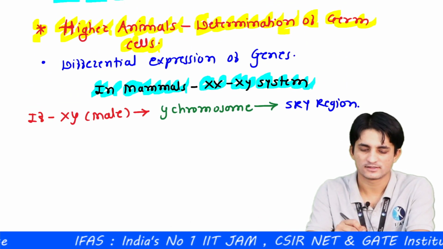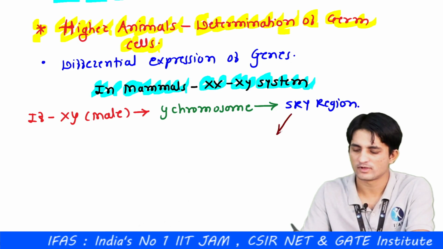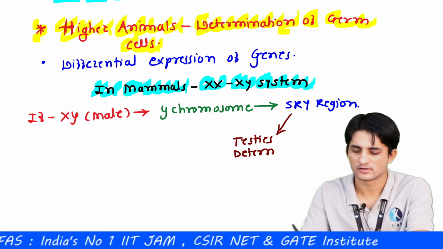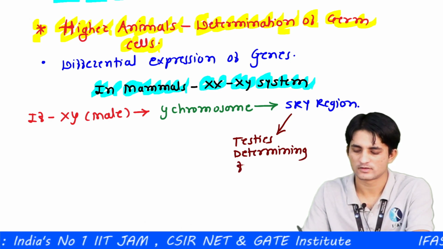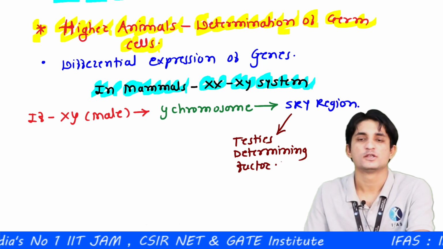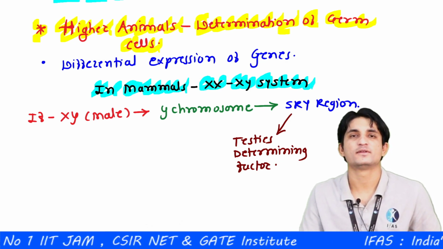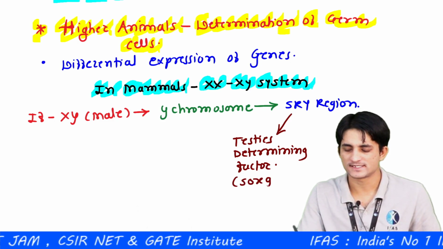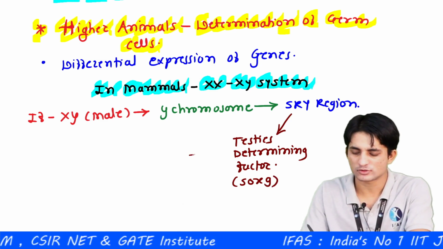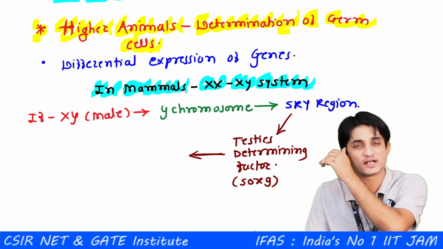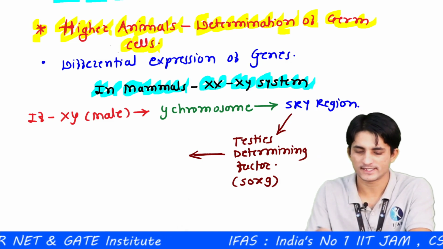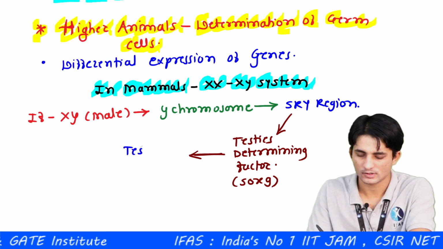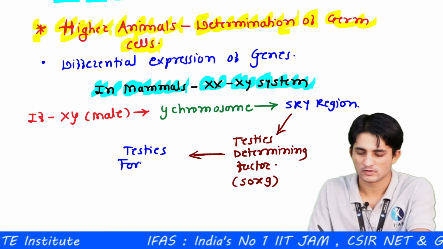From the SRY region there is expression of the testis determining factor. So if the Y chromosome is there, then the SRY region is present, and from the SRY region there is expression of the testis determining factor, that is SOX9. If SOX9 is expressed, then SOX9 will convert the bipotential gonad into the testis. So that is testis formation.